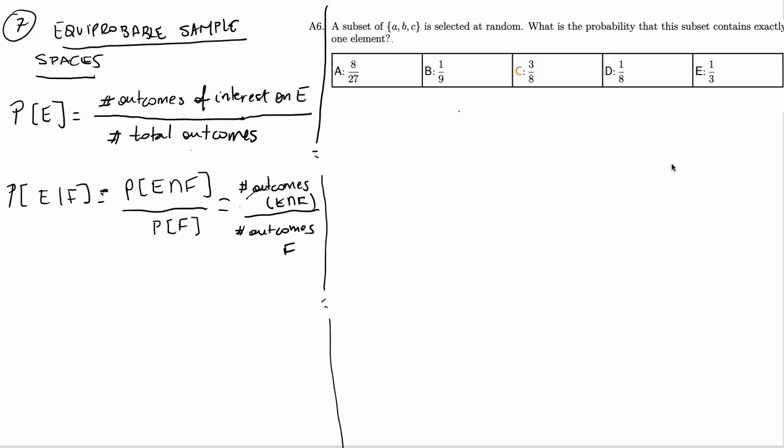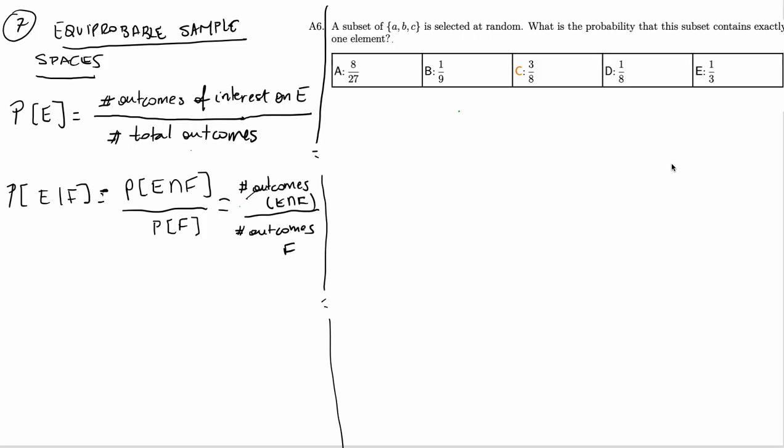First of all, when you read this exercise, you're asked to calculate something. You're not given probabilities to find another probability. You're just given something that's happening, and we're asking you to calculate the probability. That means when you're asked to calculate things, you are probably in an equiprobable sample space, because that's the only way we know how to calculate probabilities.